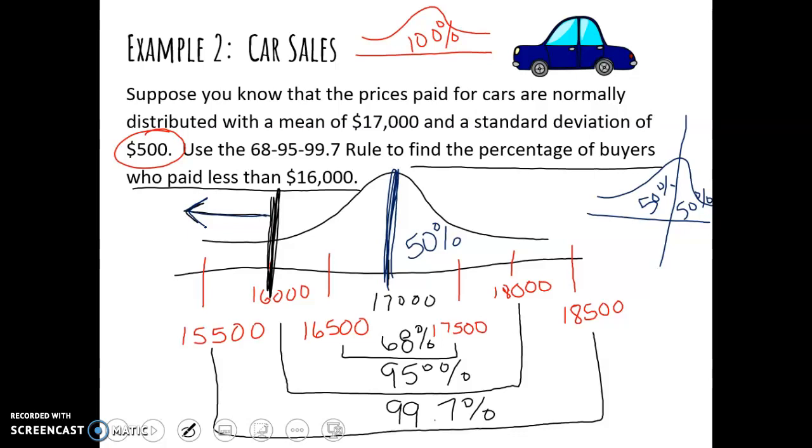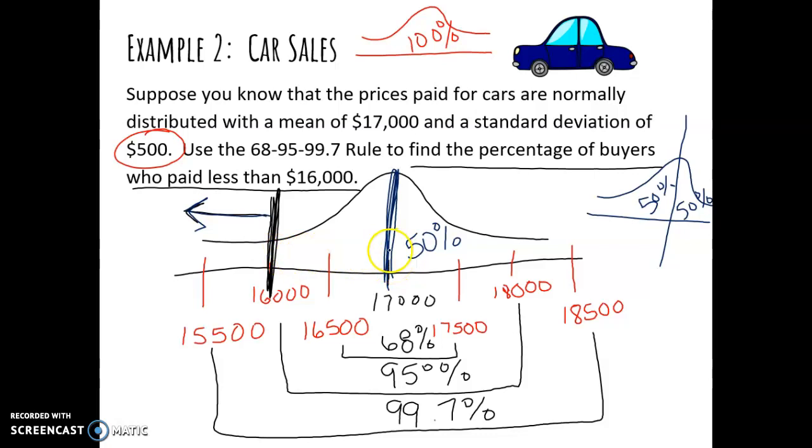Now what I want to do is find the percent of data that is between 16,000 and 17,000, and that's where the empirical rule comes in. Well, what do I know about 16,000? I know that between 16,000 and 18,000, that is 95% of the data, because that's within 2 standard deviations of the mean. But I don't want this whole 95%. I only want to know the percentage between 16,000 and the mean.